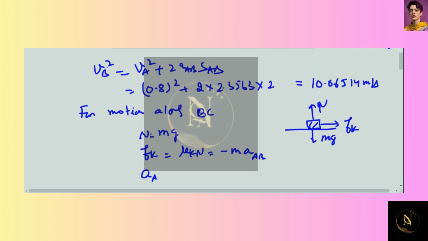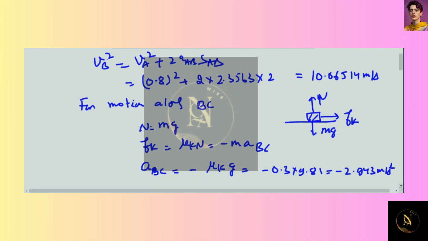So acceleration along BC, that is the retardation, would be minus mu k into g, that is 0.3 into 9.81, so it is equal to minus 2.943 meter per second square.